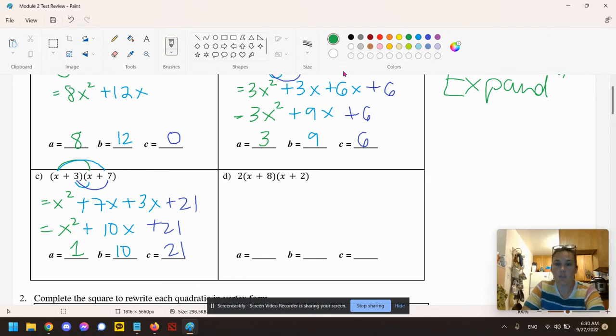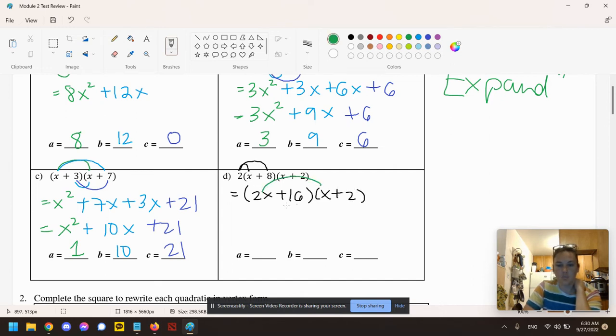All right, and then for these ones, when there's a number out front, a lot of people ask me, should I multiply the 2 to all 4 things or just to the first one? You should just do it to the first one. So when there's an a term out front, you should do the 2 times the x and the 8, and then just rewrite the x plus 2.